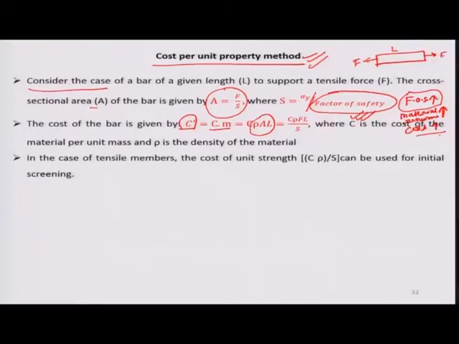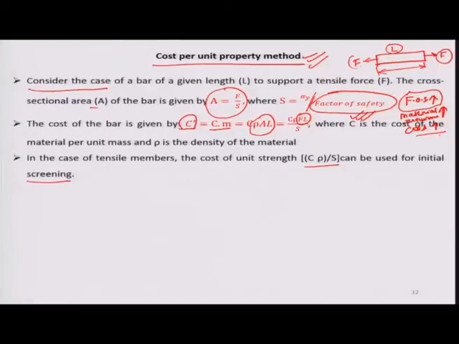In the case of the tensile member, the cost per unit strength, Cρ/S, can be used for initial screening, because here F and L are both fixed conditions. The length of the bar is fixed and is not going to change, and F, the applied load, is fixed.